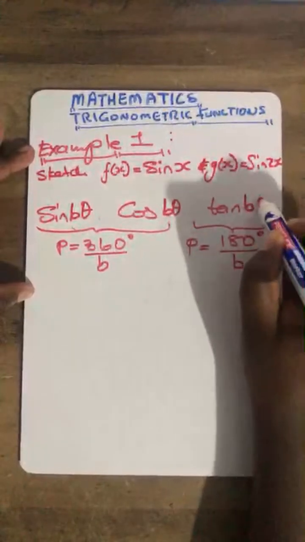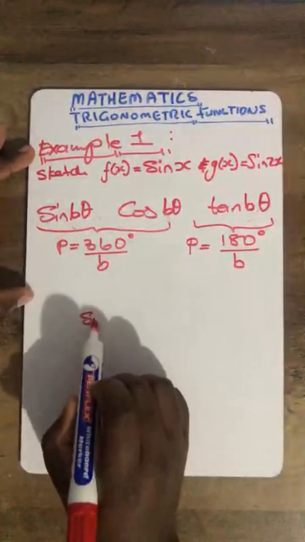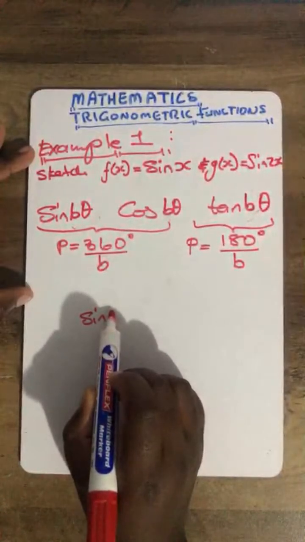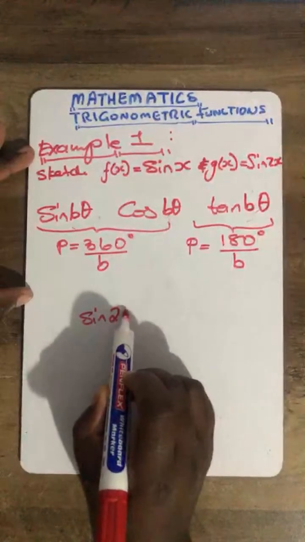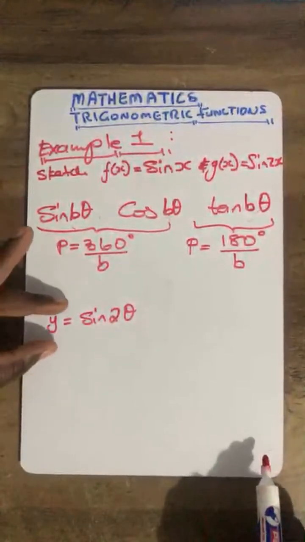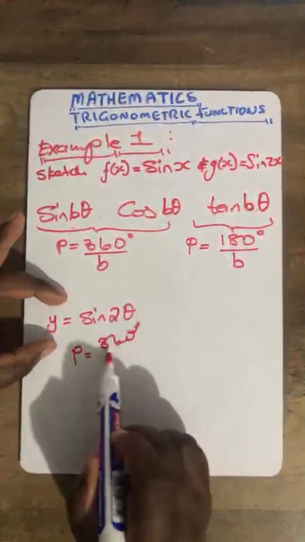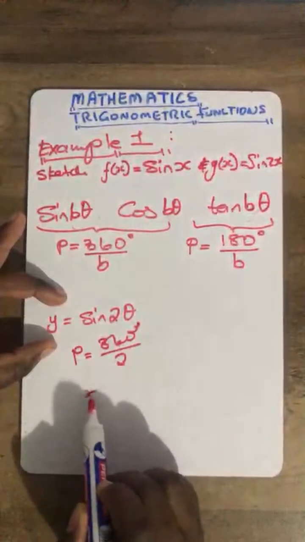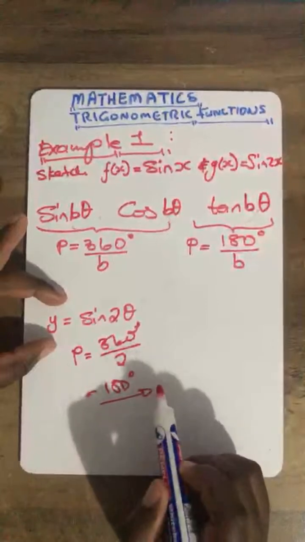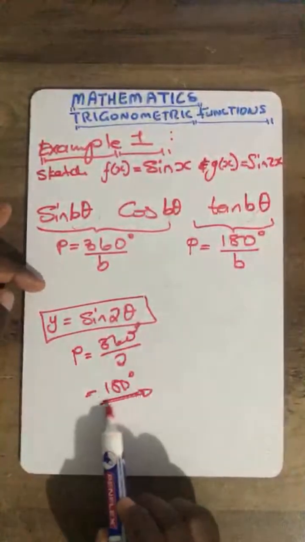So if you have a function, let's say y equals sine of 2 angle, and they ask what is the period of this function, you say the period is 360 degrees divided by 2, being your b. That is 180. So the period for this specific function is equal to 180 degrees.